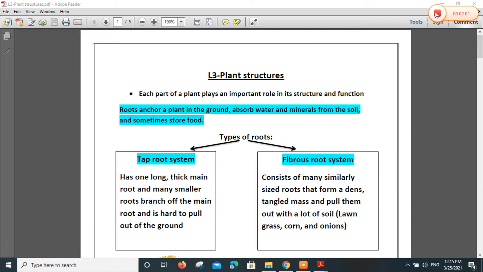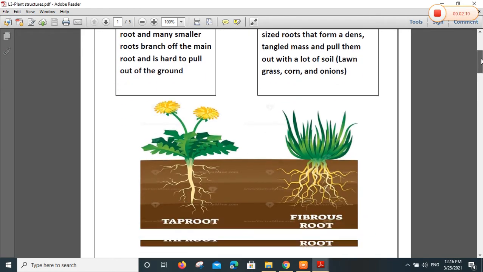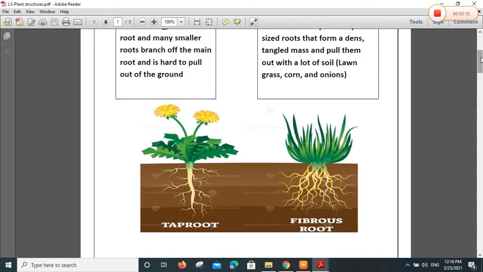Types of roots. We have two main types, taproot system and fibrous root system. Look at the taproot system: the main one, long and thick, with small branches out from the main part.